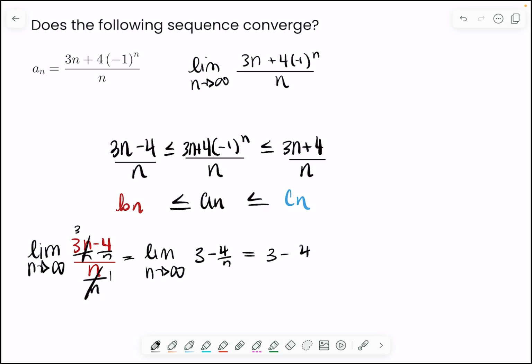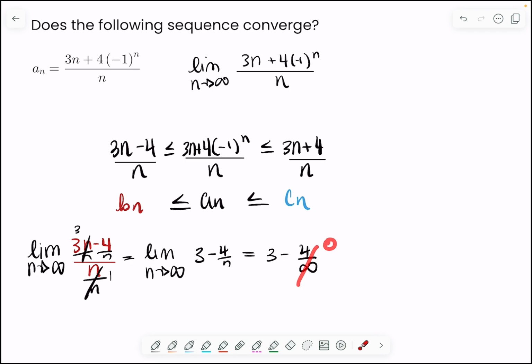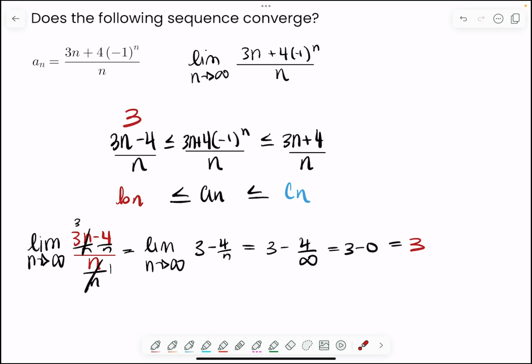If you plug in infinity for n, one whole divided into infinitely small pieces just gets so small it goes to 0. So we really have 3 minus 0, which is just 3. So this sequence b_n is converging to 3. That means in the infinite list of numbers, it's just going to be 3, 3, 3, 3, 3, 3 at the end. Now we find the limit of this one and hope that it converges to 3.